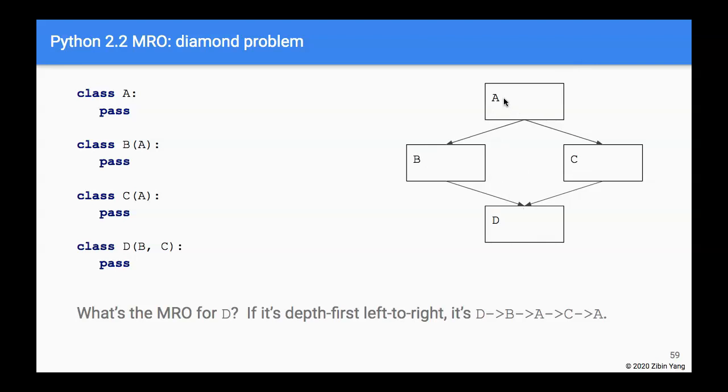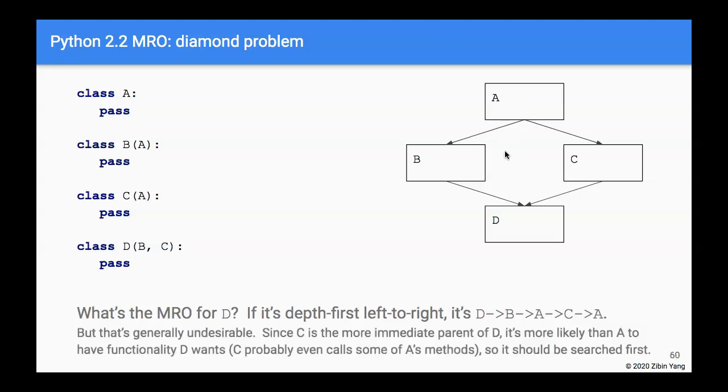Now, when you think about this, there's something not quite right, mostly because it searches A before it searches C. However, because C is a more immediate parent of D than A is, C is far more likely than A to have what D wants.